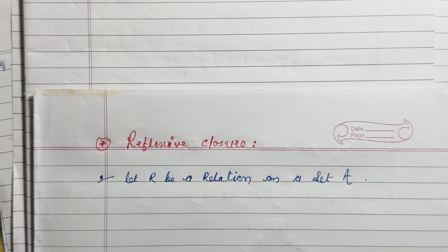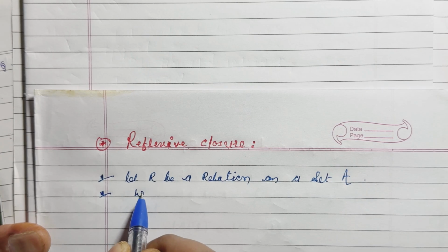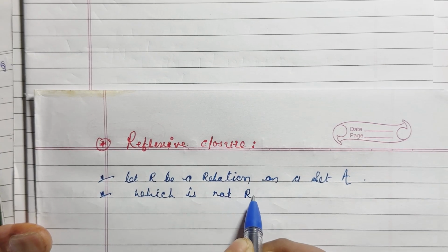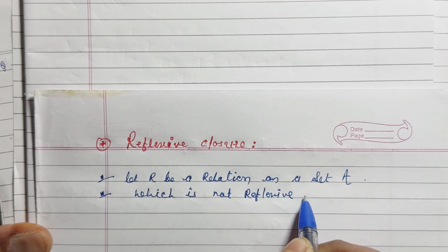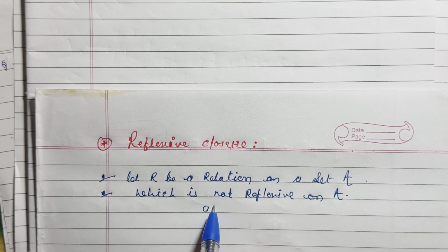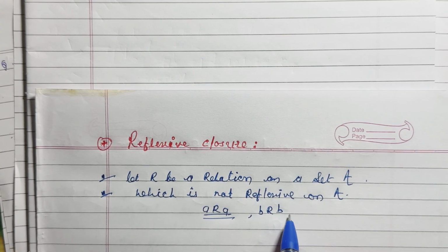Let R be a relation on a set A which is not a reflexive relation on A. Not reflexive means that not all the elements are related to themselves. If A is related to A, and B is related to B, and so on for all elements, then we say it is reflexive.